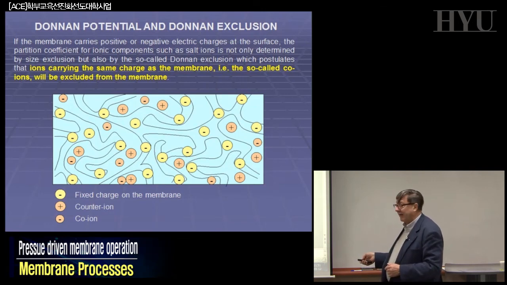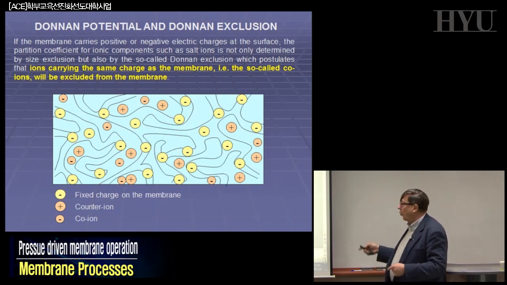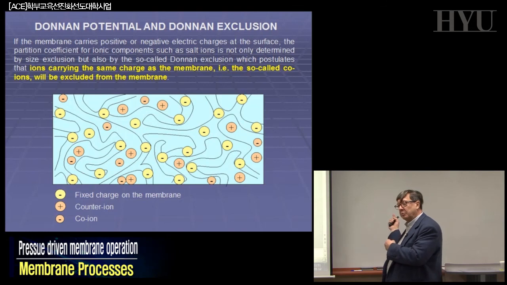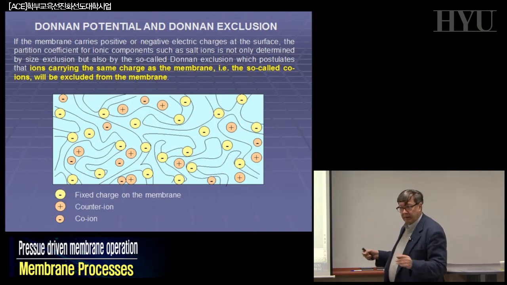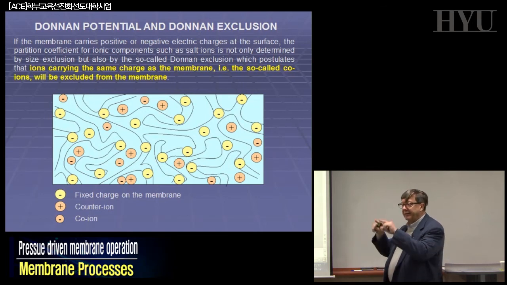If one positive ion is moving in, one positive ion will go out, and so electroneutrality will always be respected. But if a negative ion is trying to enter, the negative ion already present will not move out, and so you violate electroneutrality. This is called the Donnan exclusion phenomenon, and it can be well understood by writing the same equation that we wrote before and applying the electroneutrality condition.